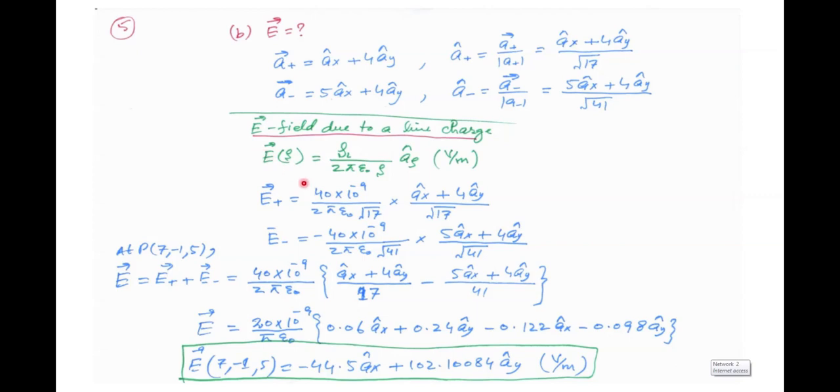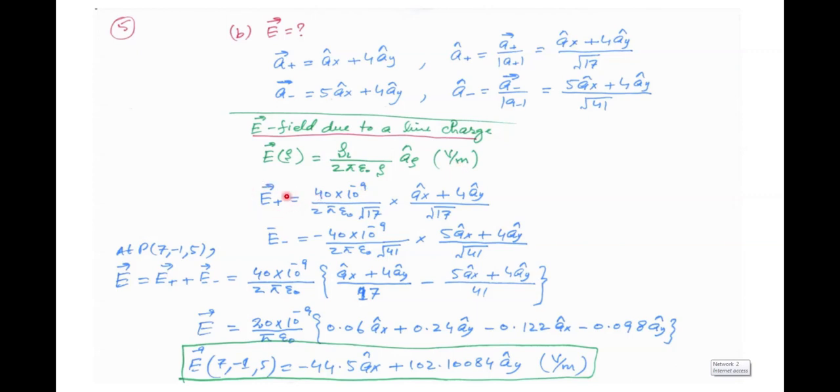As we know, the electric field due to a line charge is given by a relation which is highlighted in green color, that is rho L divided by 2 pi epsilon naught rho, a rho unit vector. The unit of electrostatic field is volt per meter.